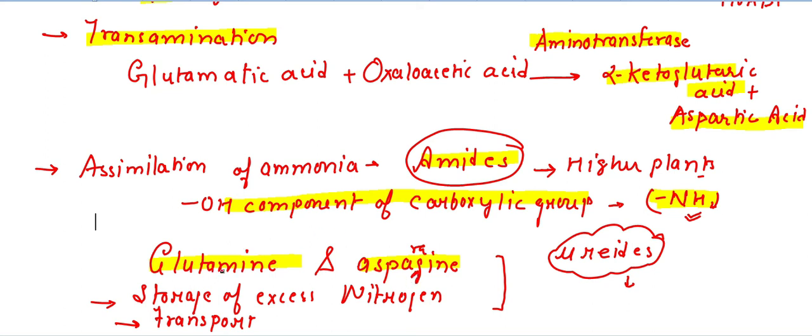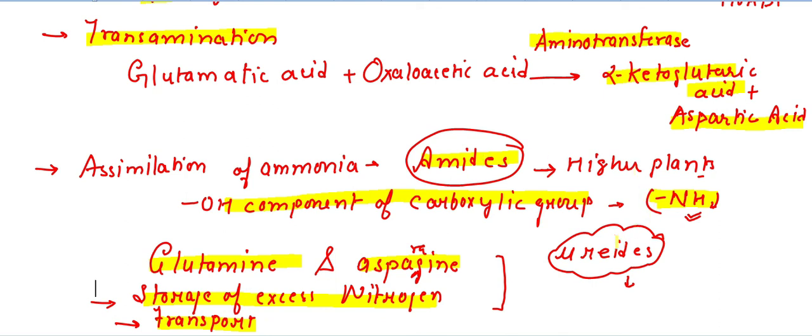And these are the two important amides having the additional advantage for the storage of excess nitrogen and the transport of nitrogen. And as amides have more nitrogen in comparison, they are transported through the xylem vessels as well.